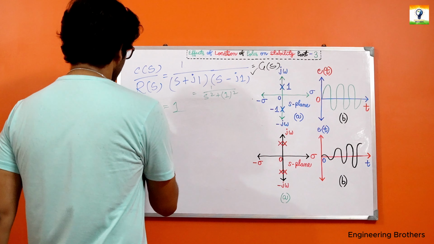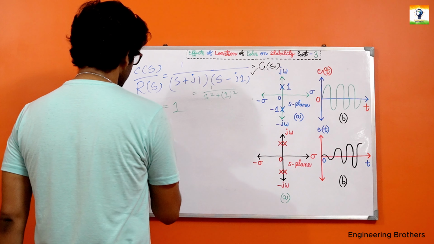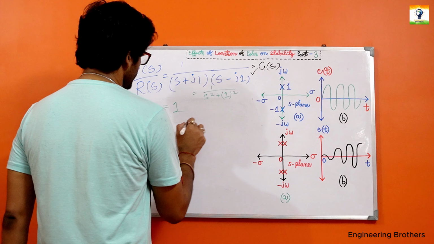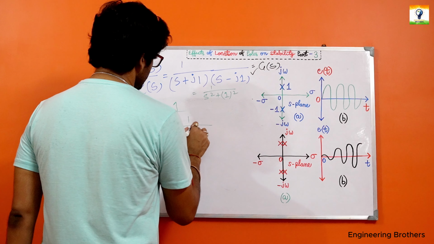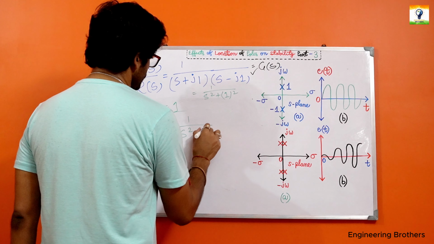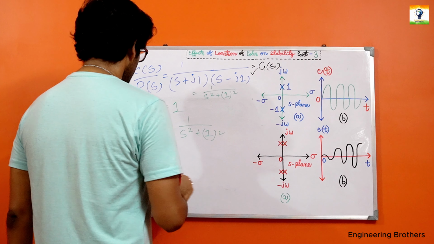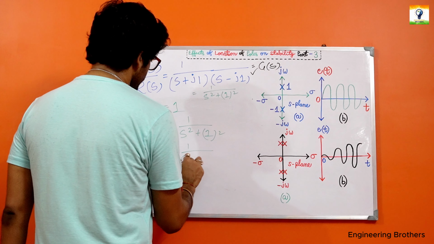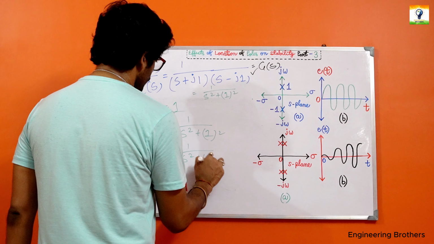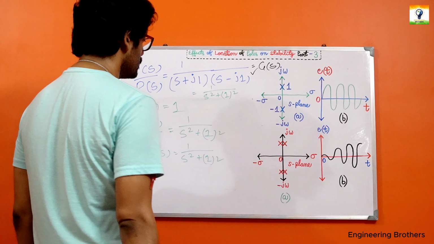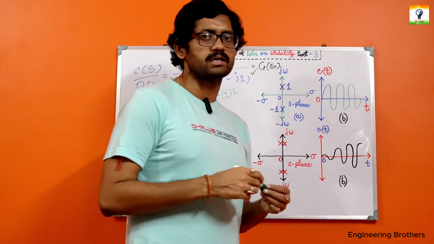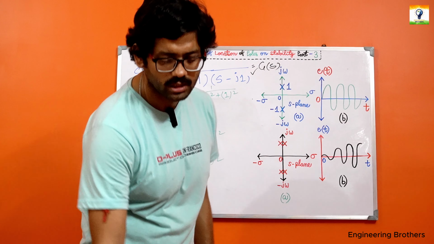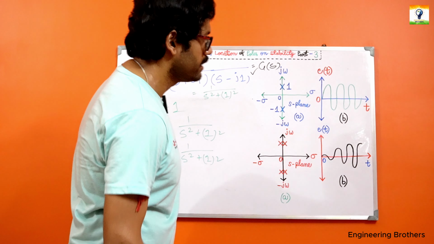Now C(s) will be 1, which gives us 1 divided by s² + 1². So we have C(s) = 1 / (s² + 1²).